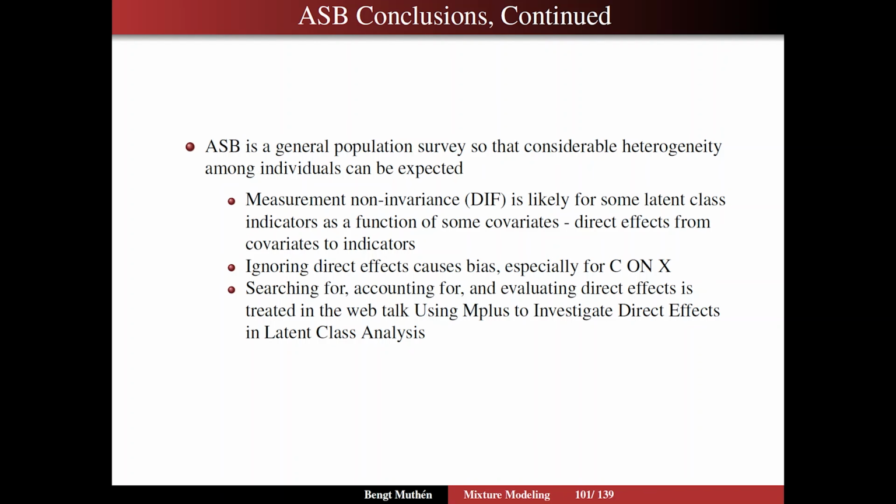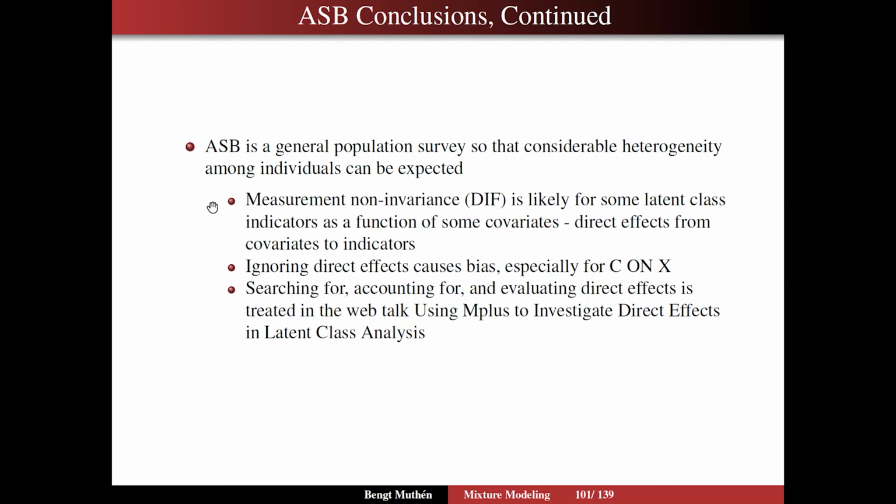Finally, then, on slide 101, another caveat in the analysis is this. ASB is a general population survey, so you can expect considerable heterogeneity among the individuals in the sample. Not everyone reacts the same way to these items.